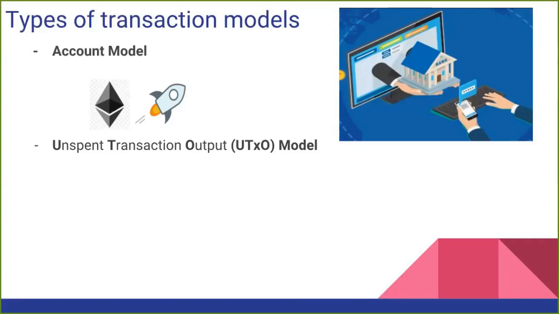They have some advantages over each other, but it is not that one is better and the other is not good. It depends on your use case. What we want in this presentation today is to understand what the transaction model is, and get a clear picture of how it is different from the account model.